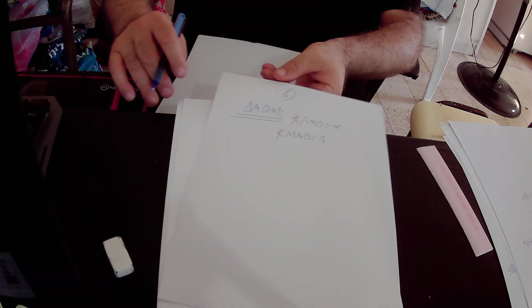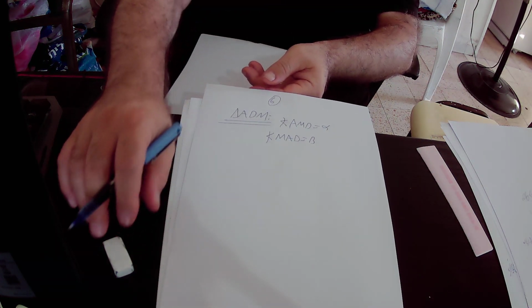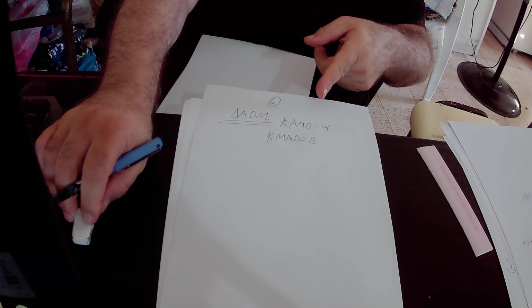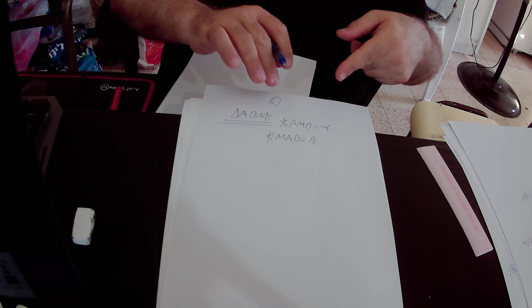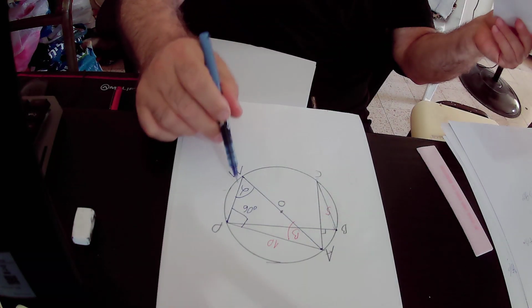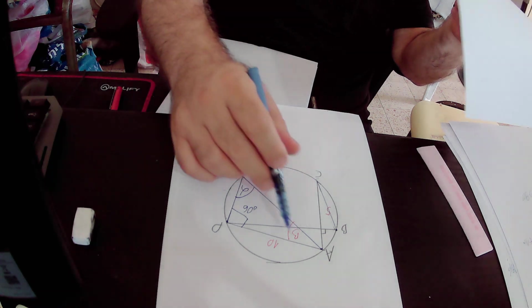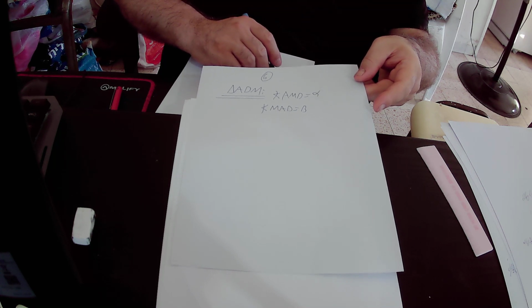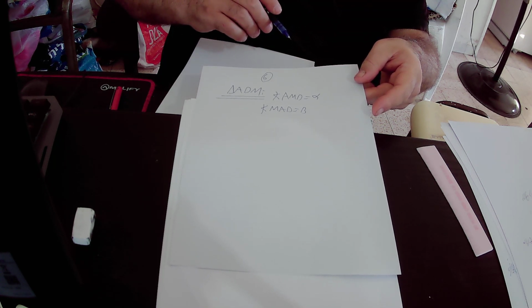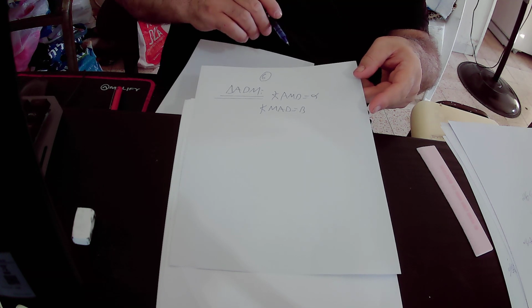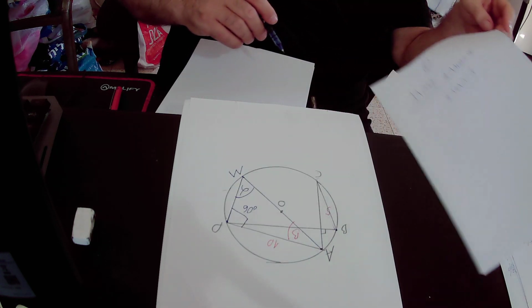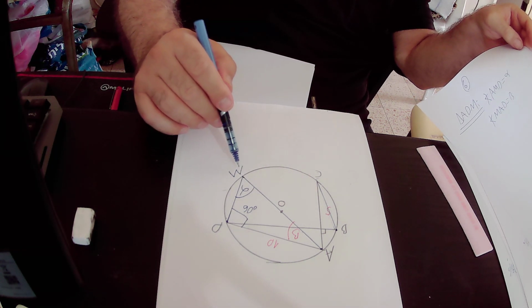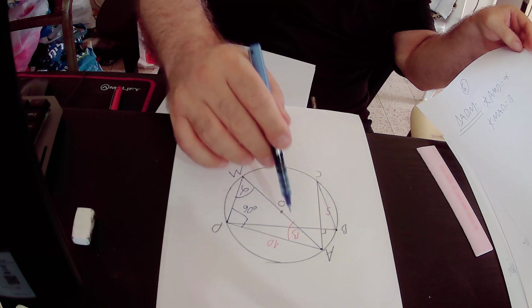Again, in the right triangle ADM, angle AMD equals alpha, and angle MAD equals beta. Okay, that is according to our definition.